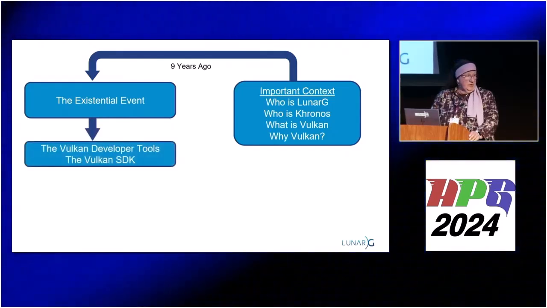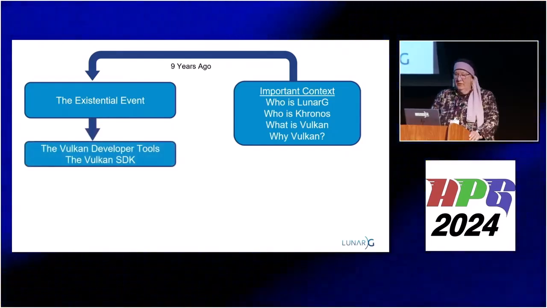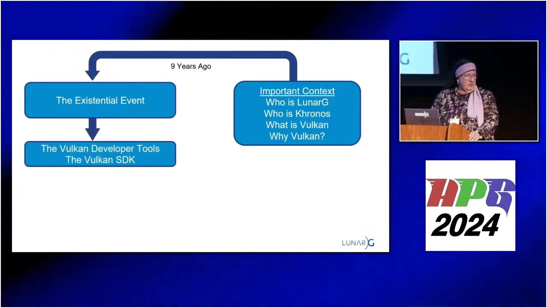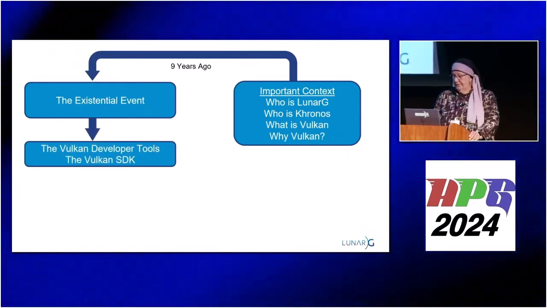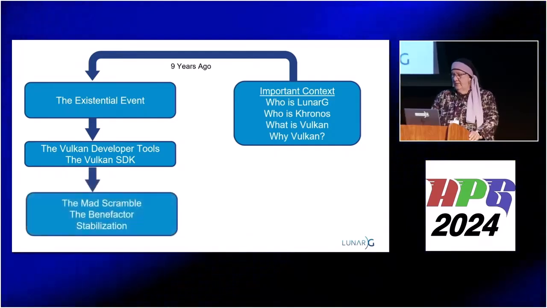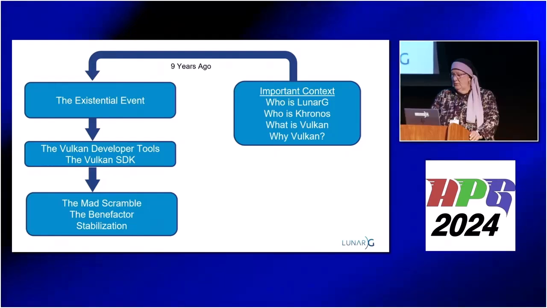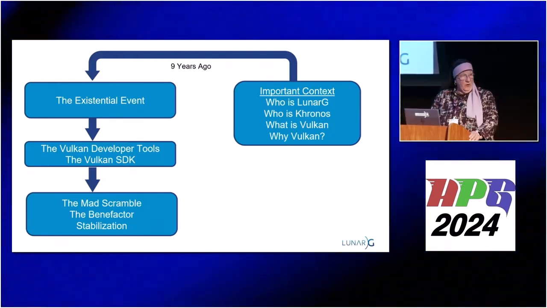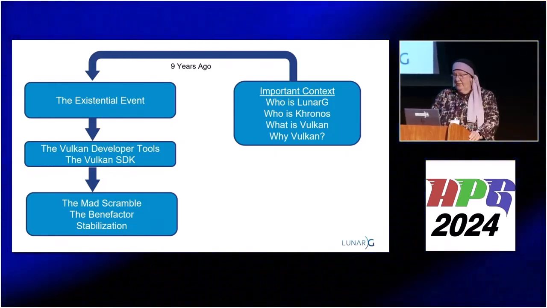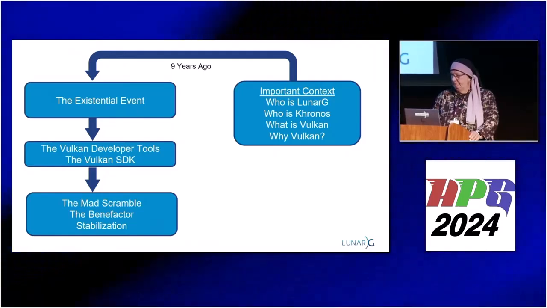I'm going to give you some very brief overview of the Vulkan SDK and some of the Vulkan developer tools. Not all of them. And then that additional information will give you appreciation for the mad scramble, the benefactor, and stabilization.